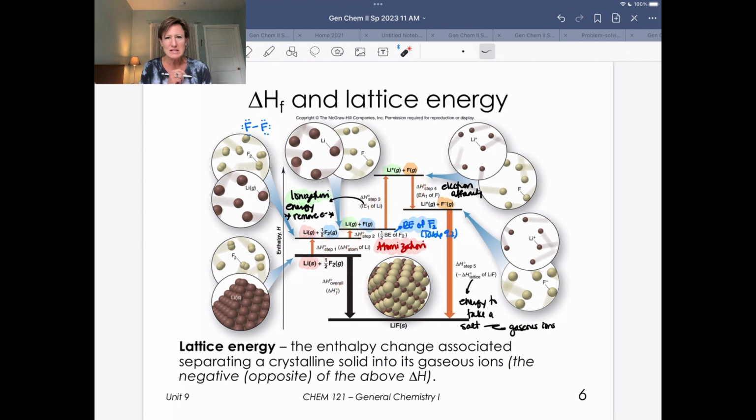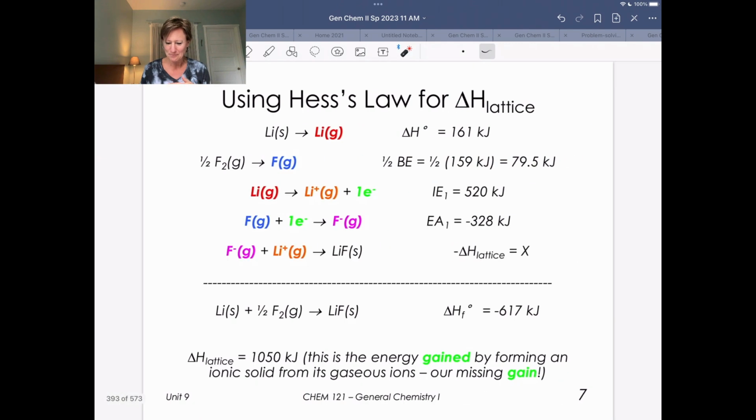If one of those arrows is missing, you can solve for it by using the other pieces, right? Because all of these orange arrows add up to the black arrow. So if one of those orange arrows was missing, you could figure it out if you knew what the overall was, okay? So that's sort of the process of how this becomes a quantitative Hess's law type problem, okay?